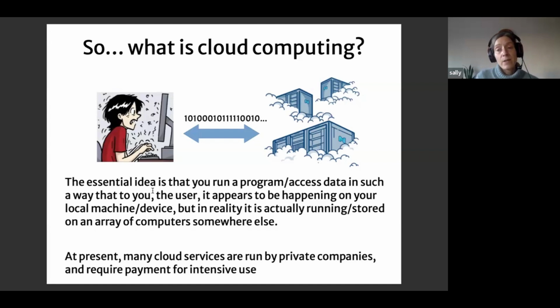So this is quite different to the way that we would normally do computing in the research community, where access to supercomputers is provided by funded national infrastructure, for example. So normally when we are doing large calculations, that's already paid for by research funding somehow.